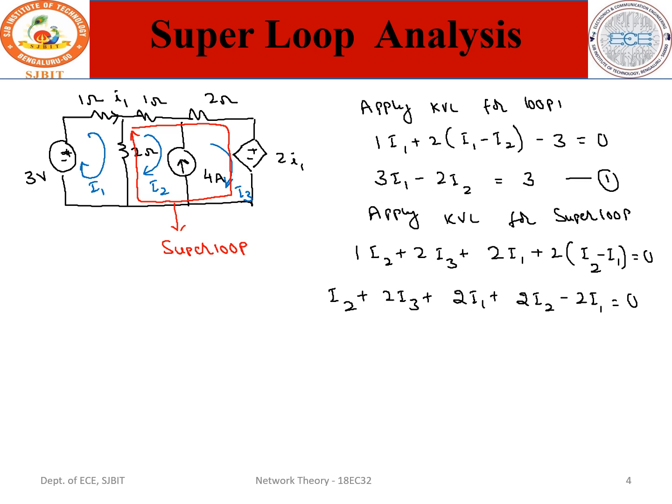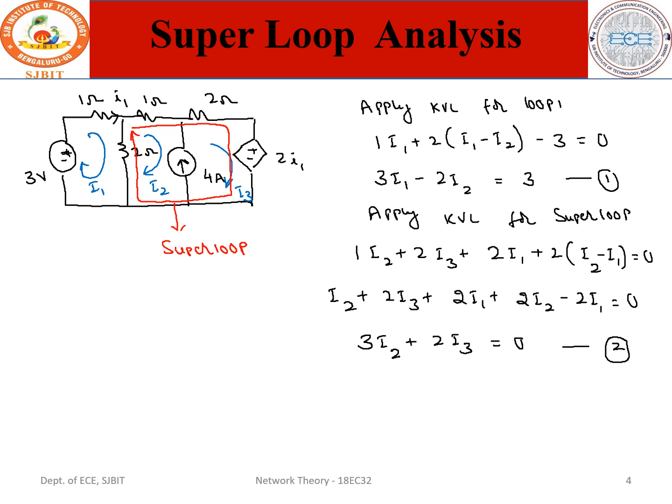The 2I1 cancels. Then we can write it as 3I2 plus 2I3 is equal to 0. Call this equation 2.